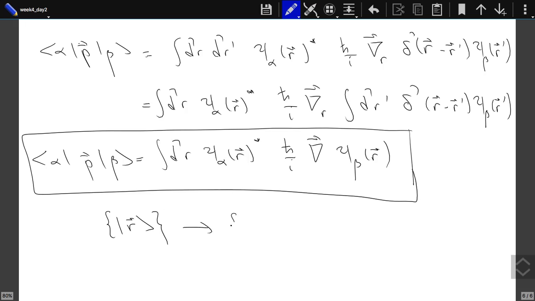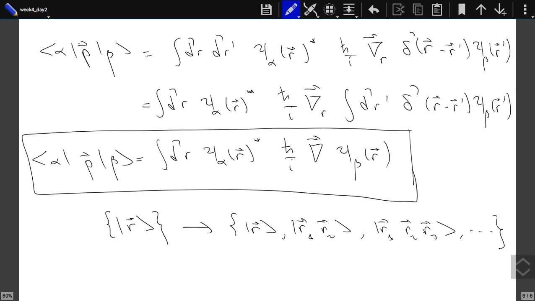Instead of this one, you can say, okay, I might have a single particle in my system, or I might have two particles in my system, so I need to talk about the positions of two different particles, or I might have three different particles in my system, or as many particles as you like. And still you can talk about the kets.